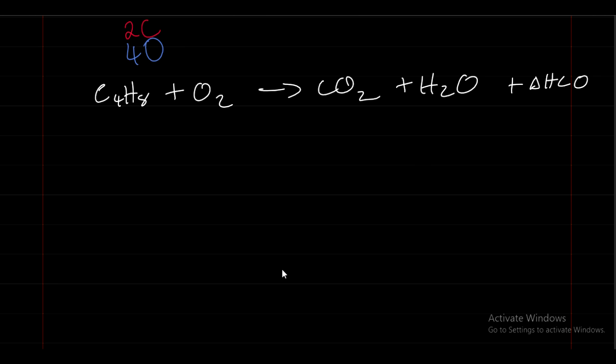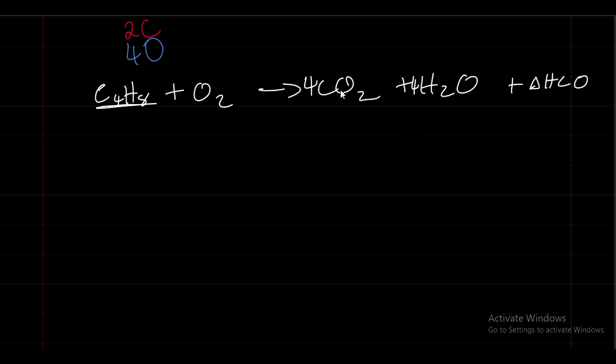You can check this one as well. It's not a problem balancing this one, because here we have C4 and H8, where the number of H is twice the number of carbons. If I put 4 here, then I have 4 carbons. I check hydrogens, I have 8 here, so I just put 4.